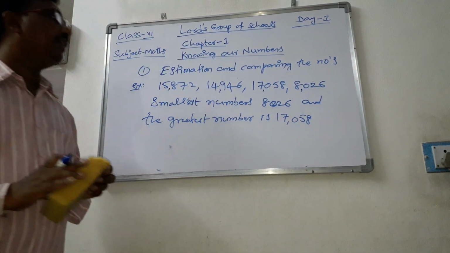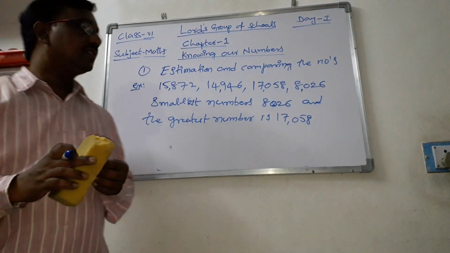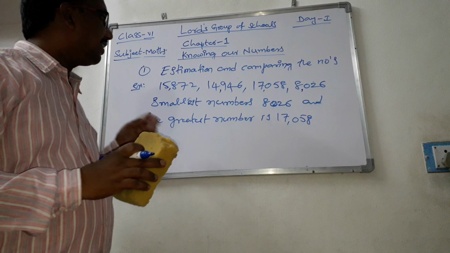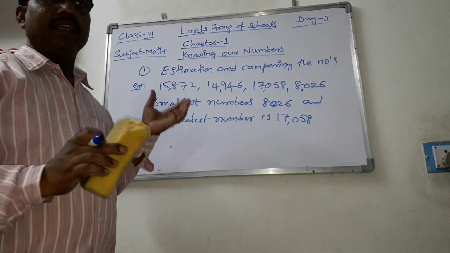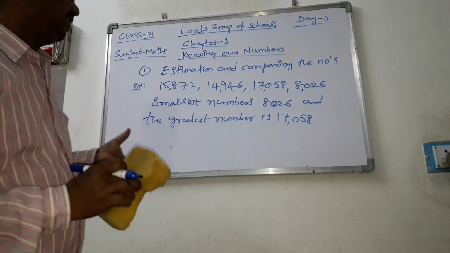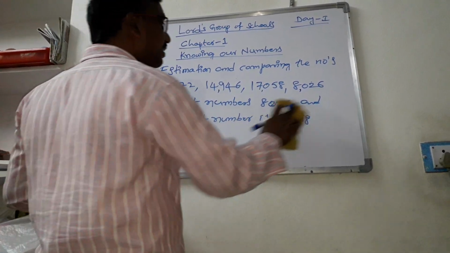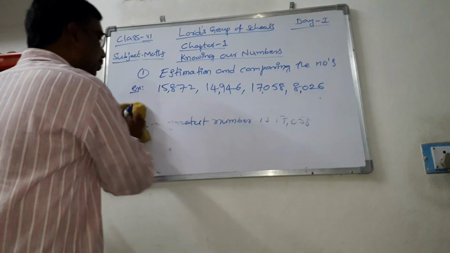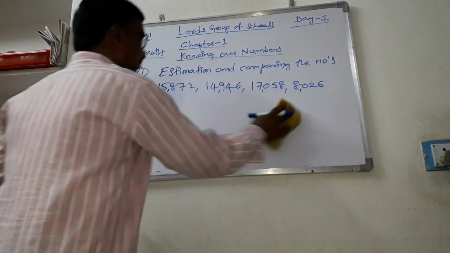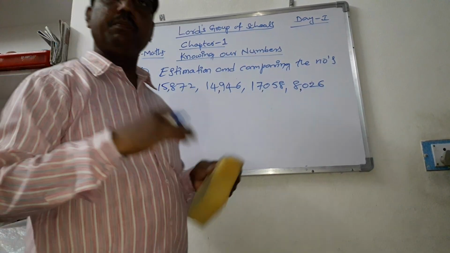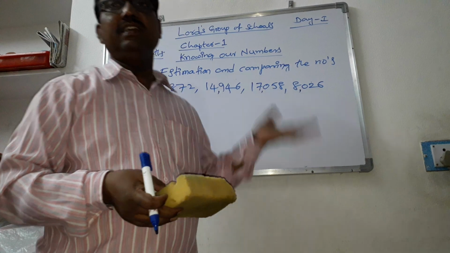Like this, whenever some group of numbers is given, we will compare and find out the smallest and the greatest. This is called estimation and comparing the numbers. Not only a group of numbers, when we have been given two numbers, from them also we can write the greatest and the smallest.